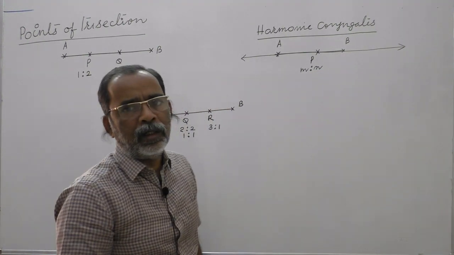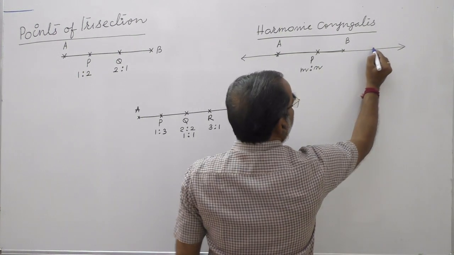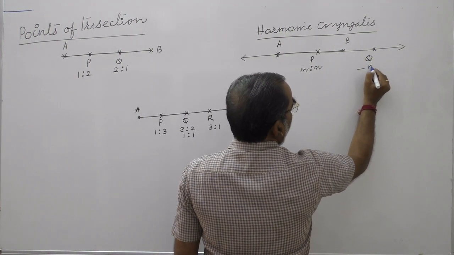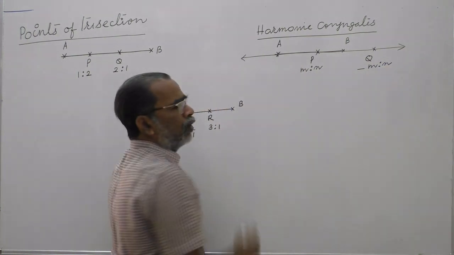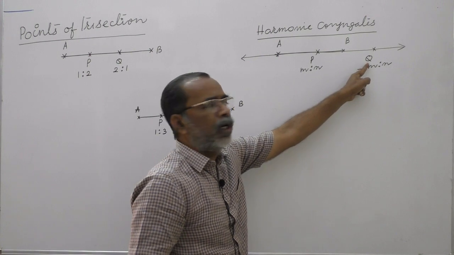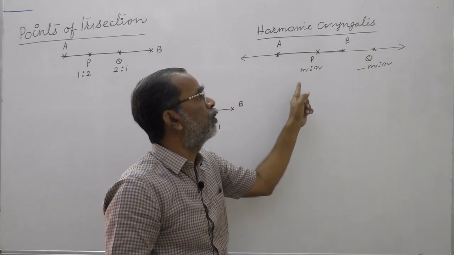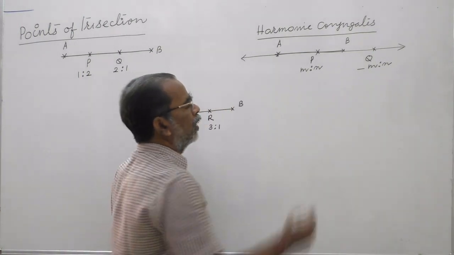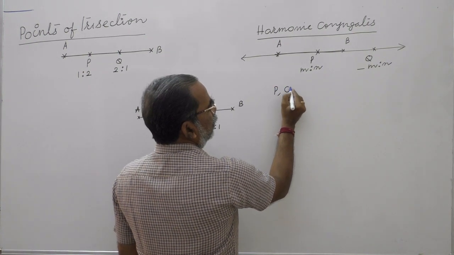Then definitely there will be another point which divides AB in the same ratio externally. Therefore, the 2 points P and Q are dividing the same line segment in the same ratio, one internally and another externally. Such points are called harmonic conjugates.